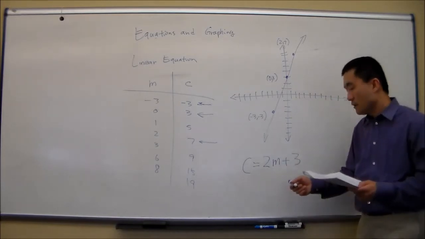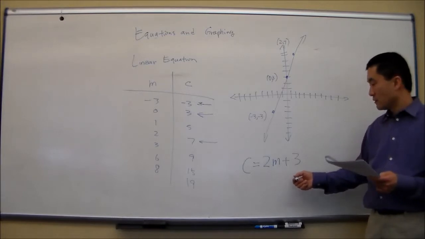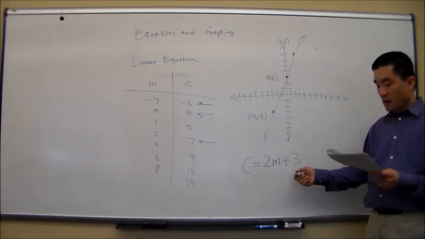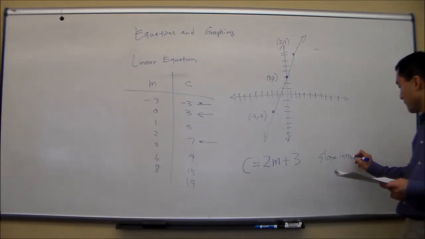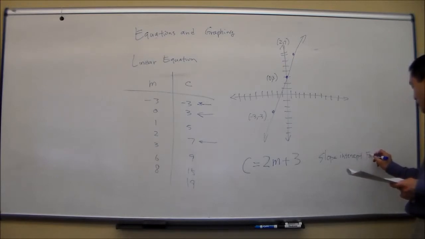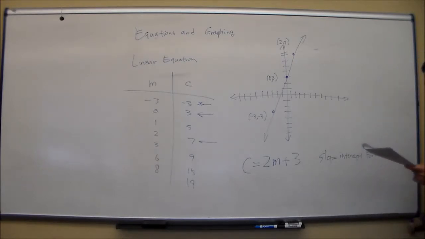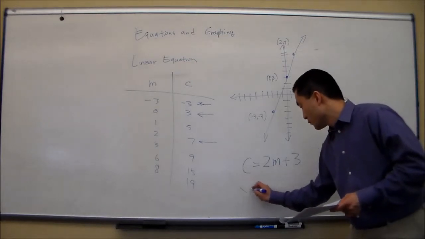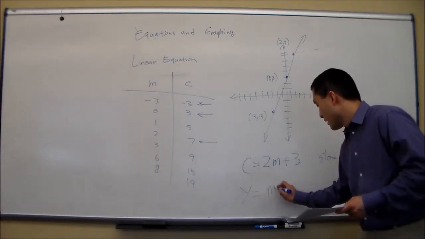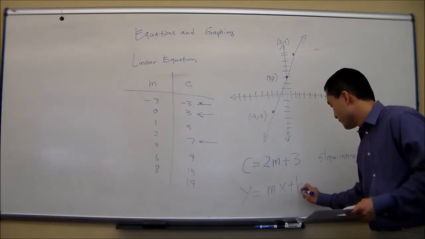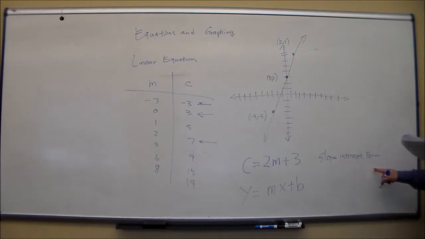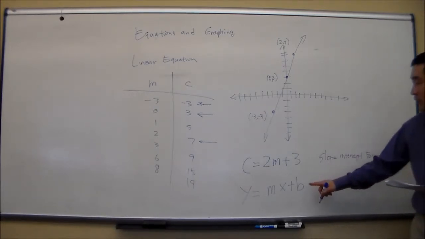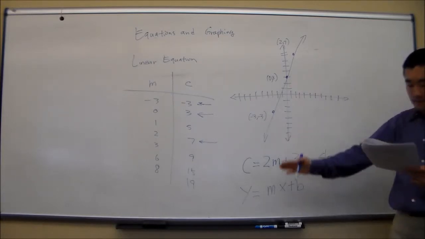We're going to get to how to get this, but for now, just learn that this is a form of what we call the slope-intercept form. More specifically, the template is y is equal to mx plus b. When you see this form, it's called slope-intercept form, and it's always going to be a linear equation. So if you graph this kind of problem, you always have a straight line.